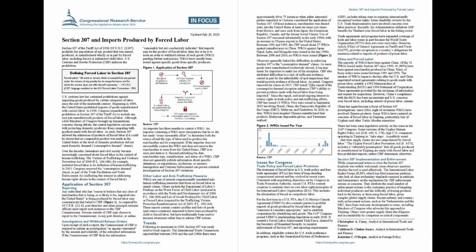These reports contain country profiles and lists of goods and source countries suspected to have been produced by child or forced labor, but have traditionally been used to increase awareness rather than to inform CBP actions.